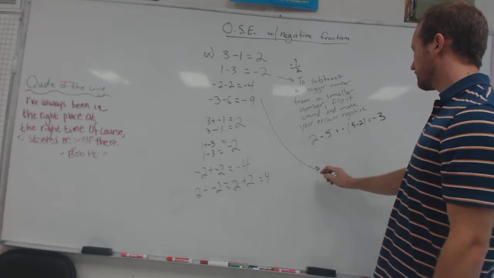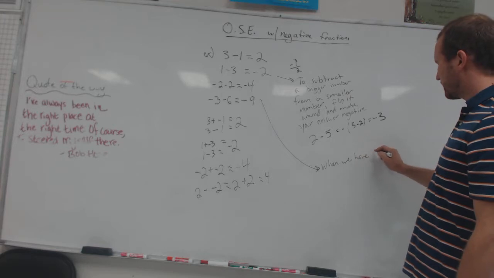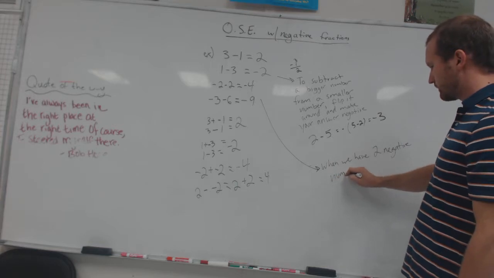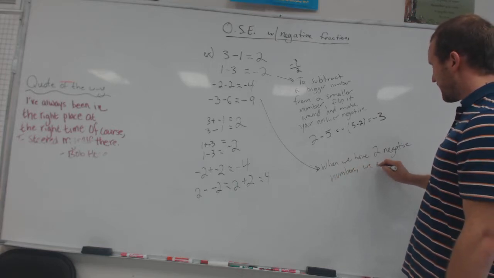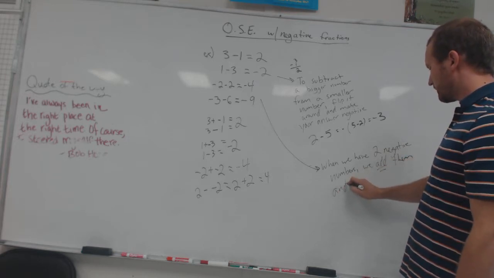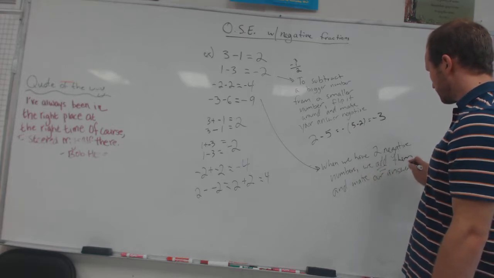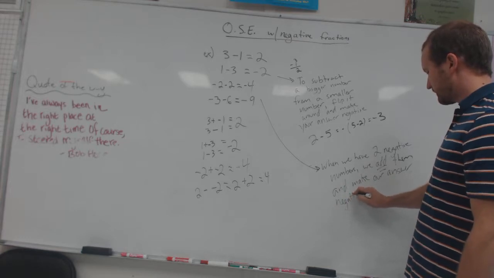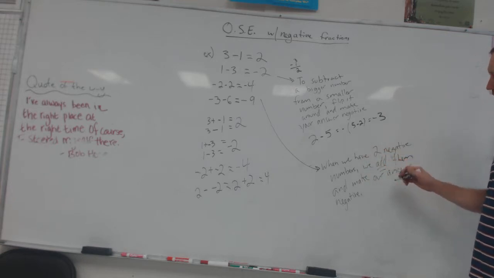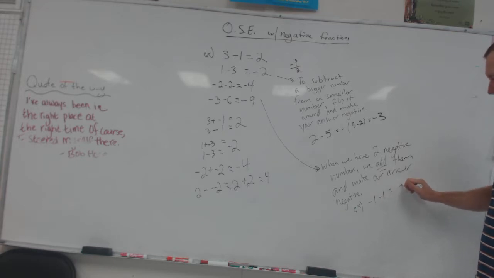The rule here, when we have two negative numbers, we add them and make our answer negative. And there's two ways that this can look, right? When we have two negative numbers, this could be negative 1 minus 1, which is negative 2.